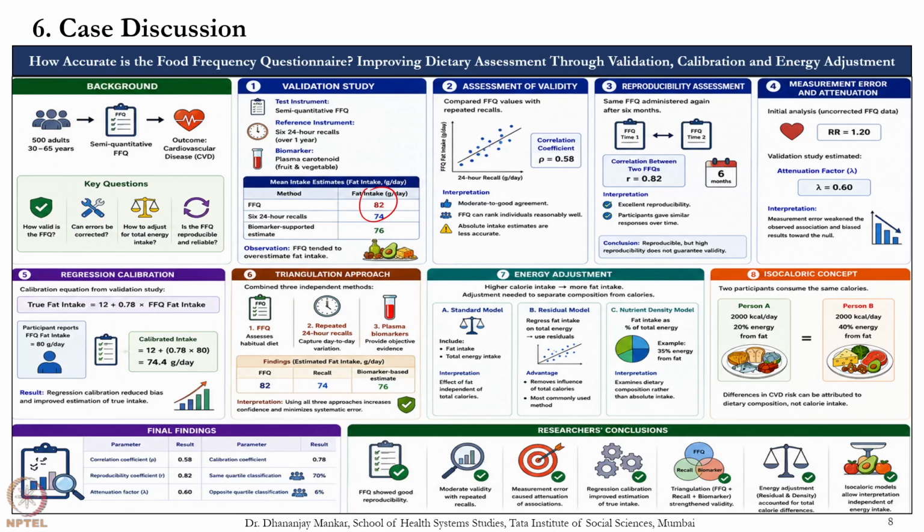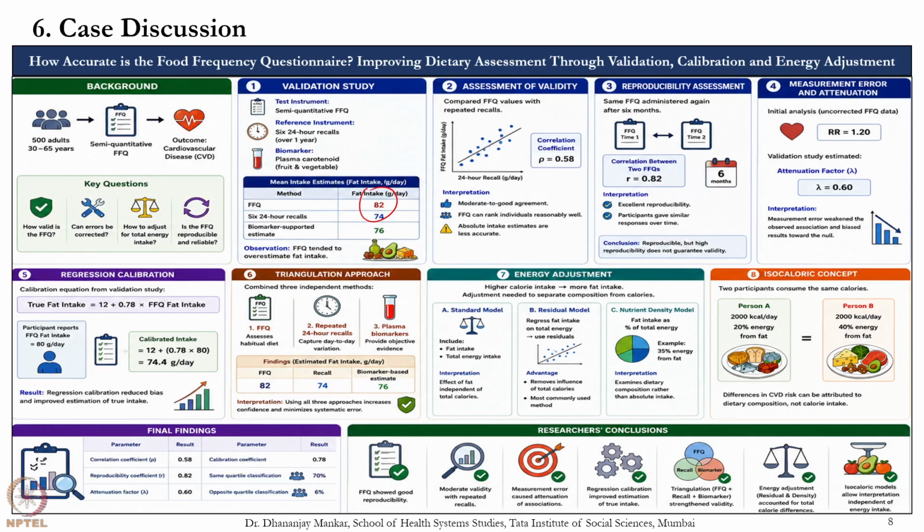Now you will ask where the energy adjustment is seen. The energy adjustment of residual and density models accounted for total caloric differences. Isocaloric models allowed interpretation independent of energy intake.